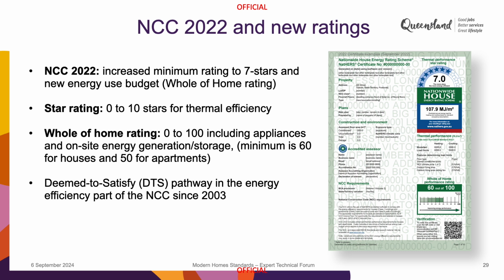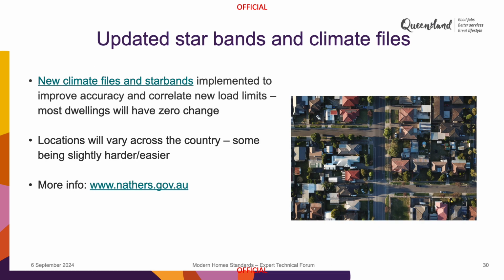It's important to note that as the thermal star rating is an input to the whole of home rating, the higher the thermal rating you have, the better your ability to get a good whole of home rating. As part of the update to the NatHERS scheme, as part of NCC 2022, there was a review of the climate files. So the climate files were updated, and all the data now includes climate weather input data up until 2015.